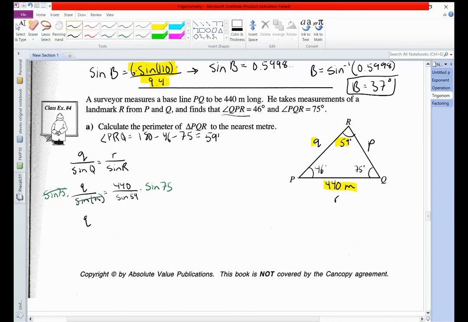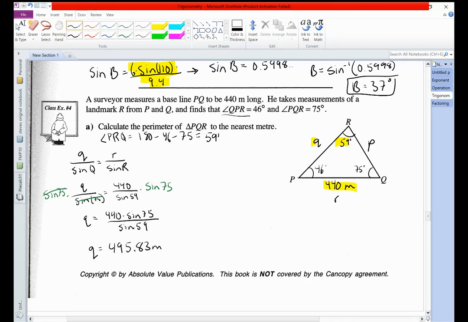And we have little q is equal to 440 multiplied by sine of 75 all over sine of 59. And when we type that in our calculator, we get little q to be 495.83 meters.